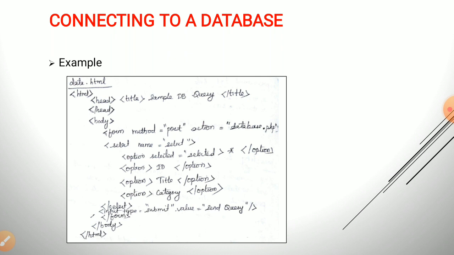Then the PHP script is executed. The script builds the query, queries the database, and sends the records set in the form of XHTML to the client. Okay, so consider the following examples.